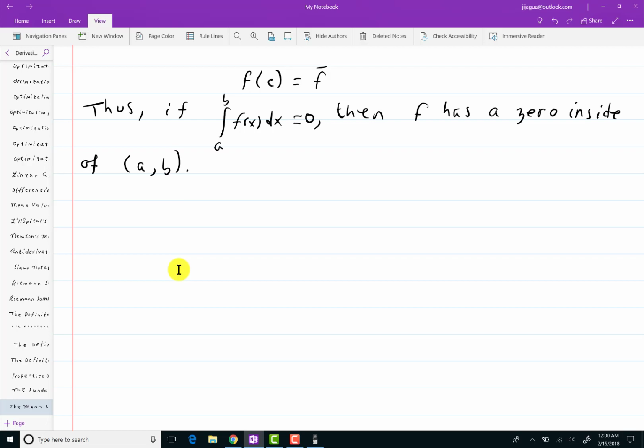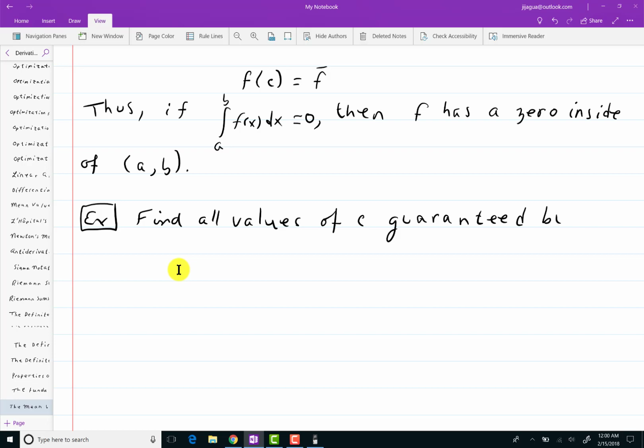As another example, find all values of c guaranteed by the mean value theorem for integrals.